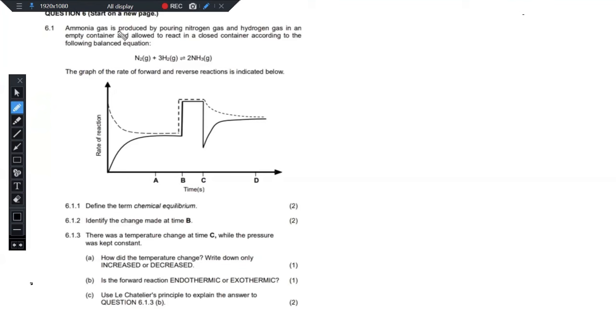Question 6 says ammonia gas is produced by pouring nitrogen gas and hydrogen gas in an empty container and allowed to react in a closed container according to the following balanced equation. The graph of the rate of forward and reverse reaction is indicated below. 6.1.1 says define the term chemical equilibrium. So you say chemical equilibrium is where the rate of forward reaction.